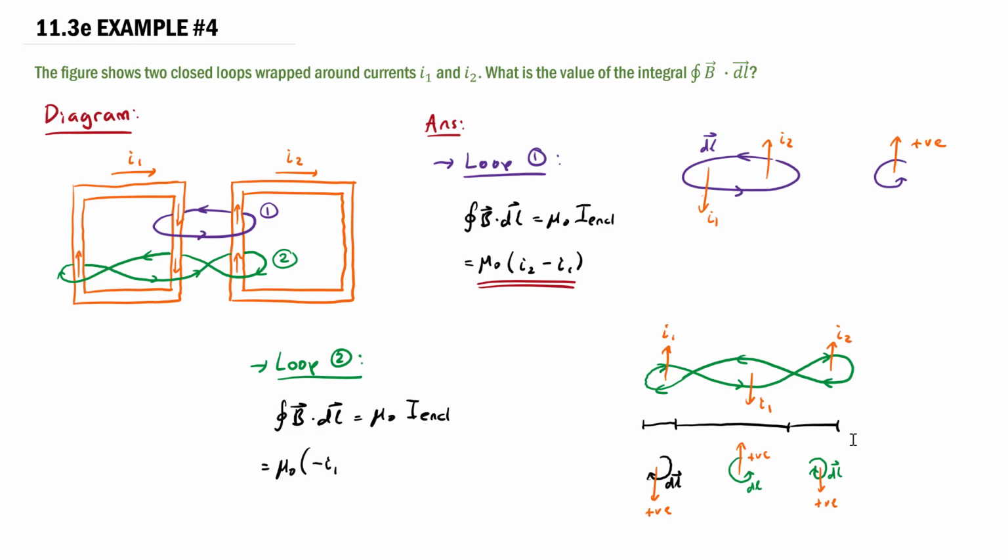For the middle segment, we have I1 going down, but up is positive, so we have another negative current. For the last one, we have I2 going up, but down is positive, so we have minus I2. Combined together, we have mu naught times minus 2I1 minus I2. And that is our answer for the value of the integral for loop 2.